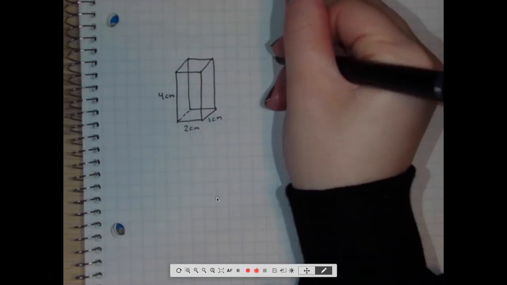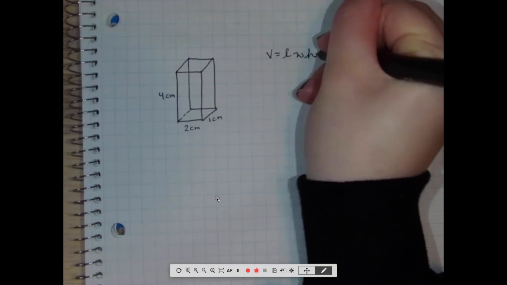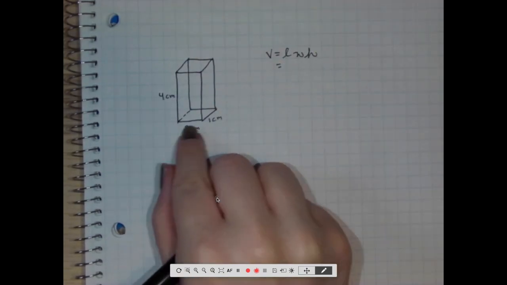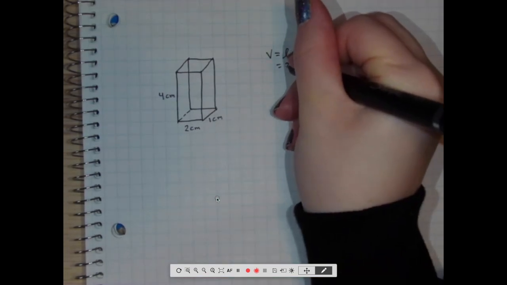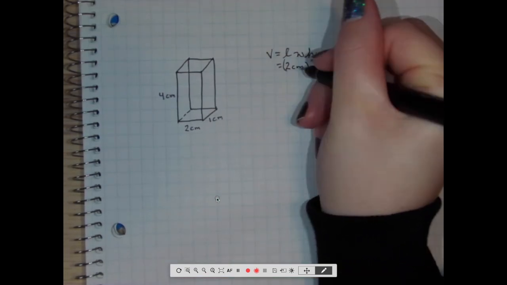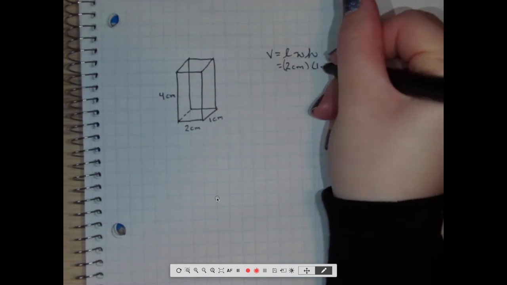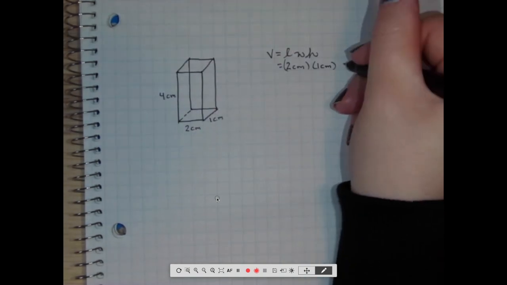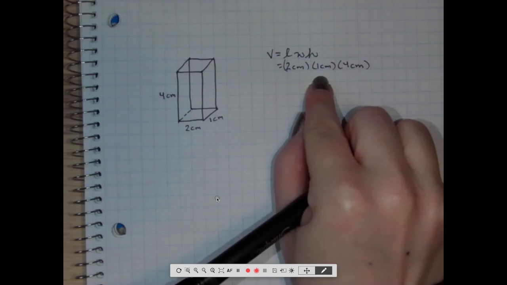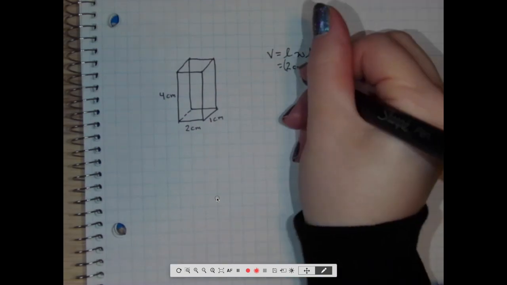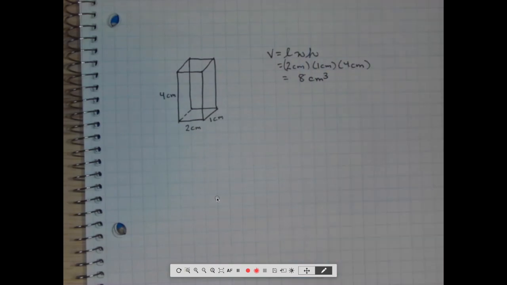Again, I need to use my formula. Volume equals length times width times height. My length, 2 centimeters. My width, 1 centimeter. And my height is 4 centimeters. 2 times 1 is 2, times 4 gives me 8 centimeters cubed. And that's it.